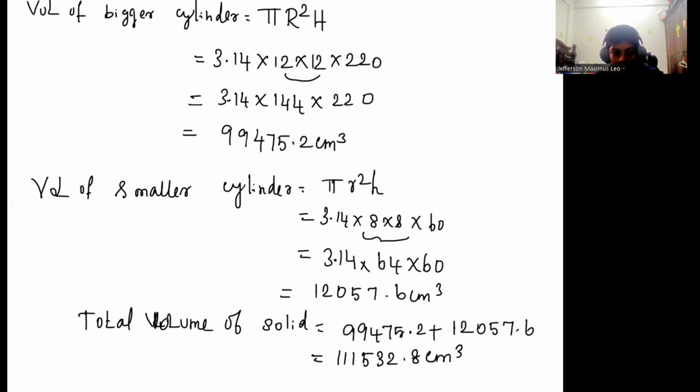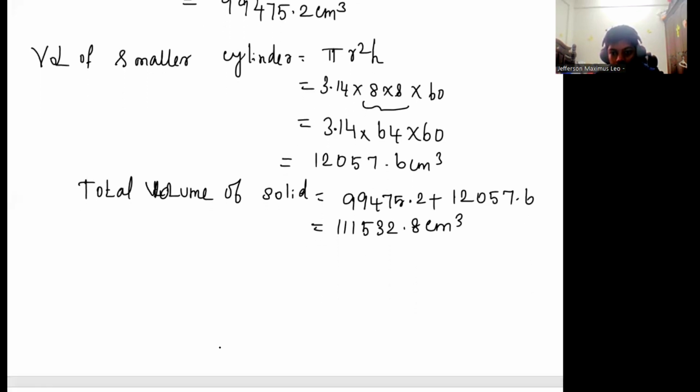Then now the mass. The mass of 1 centimeter cube is equal to 8 grams.